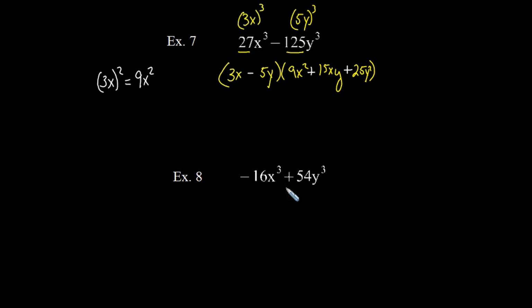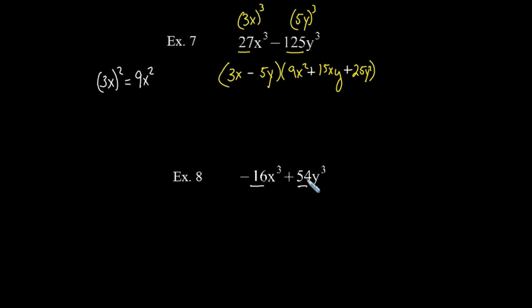All right, so number 8. This problem has a GCF, so it masks the perfect cube coefficients. So we still suspect this would be sum of cubes or difference of cubes when we're starting this problem, because we have exponents that are multiples of 3.